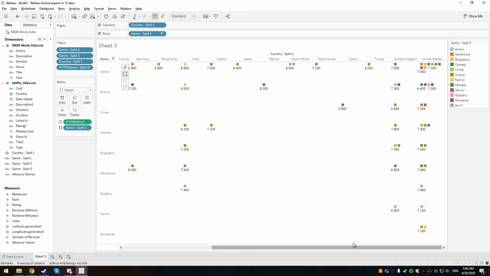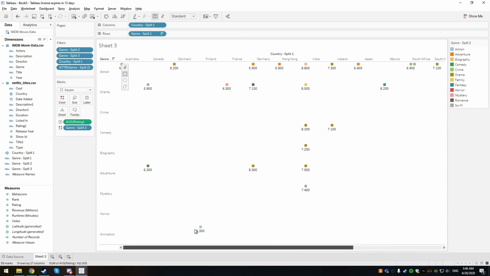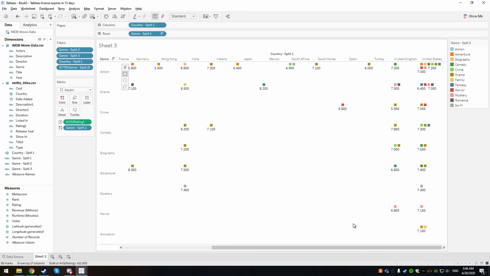So now if I want to pick which movie should be on Netflix, I can use this chart to decide that the movie has to be from the US, and let's see which category has the highest rating.